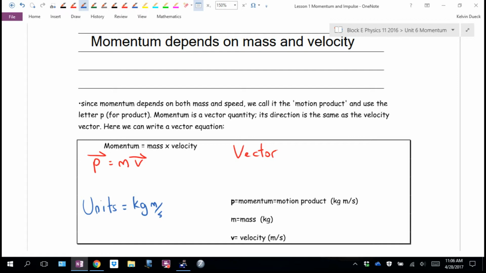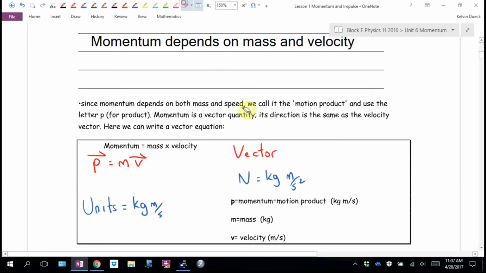Kilogram meters per second. Don't write this down. What were the units for force? Don't write this down. Except newtons was an abbreviation for mass times acceleration. A newton was really a kilogram meters per second squared, and they called it that for a while until they decided to name a kilogram meter per second squared a newton.